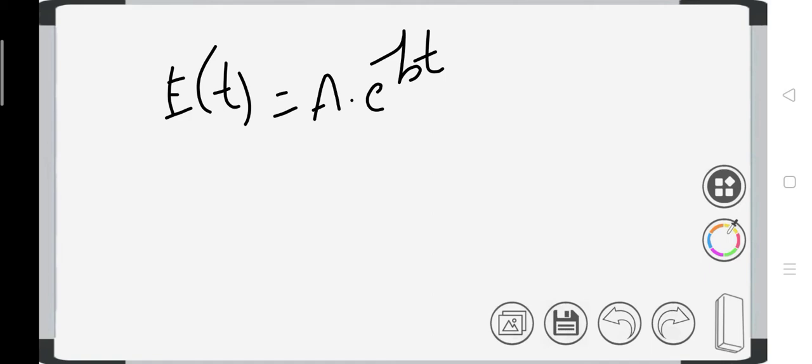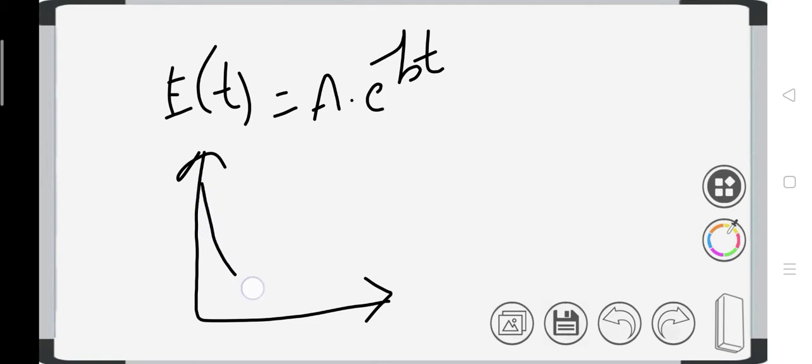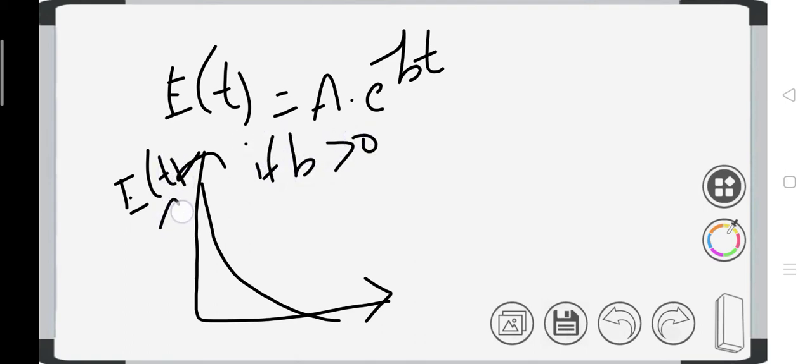There will be a decay exponential as well as a growth exponential. If we consider the decay exponential, the signal will look like this. For b greater than 0, this is the exponential function, that is, a decay signal.